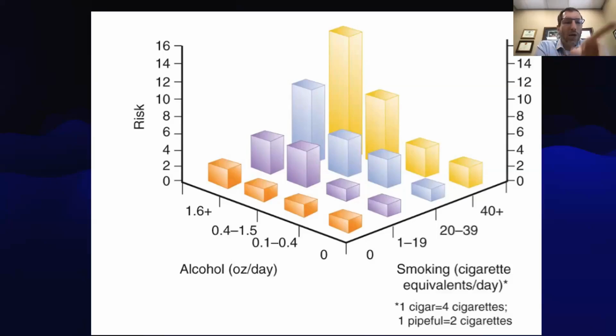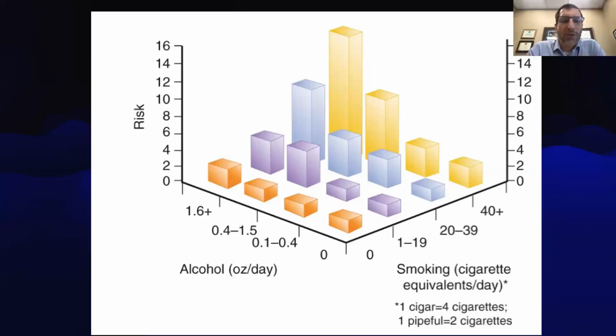Then as we go along that left axis, it says alcohol, and what we define as heavy alcohol consumption is really about 20 drinks a week, beer equivalents a week. So if you drink about 20 beers a week, that's high alcohol intake. If you didn't smoke and you drank about 20 beer equivalents a week, the risk of you developing cancer is about 2 to 4 times that of the general population that were non-smoker, non-drinkers.